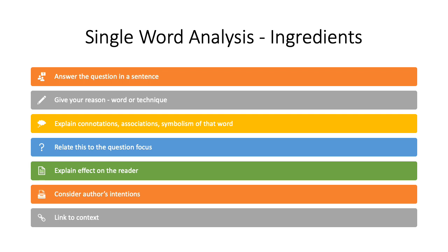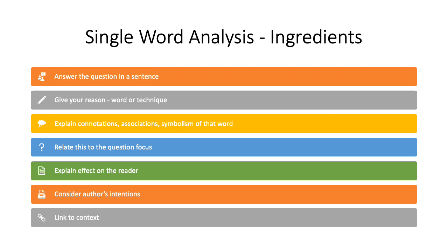So first of all, the first stage in anything you ever write is to answer the question in your initial sentence. So if you're asked the question, how does the writer present the weather in this extract, you would answer according to what you've read. So the writer presents the weather as stormy in this extract.